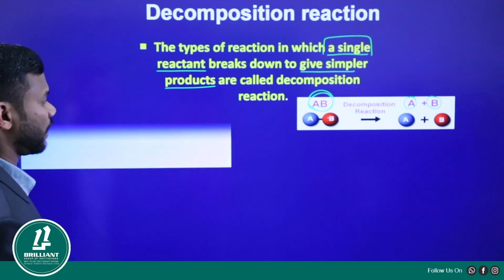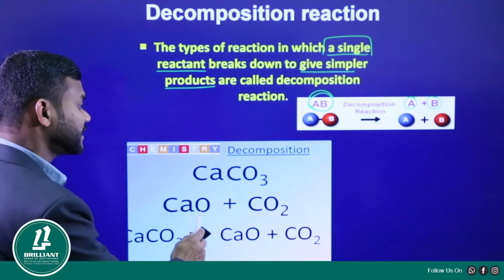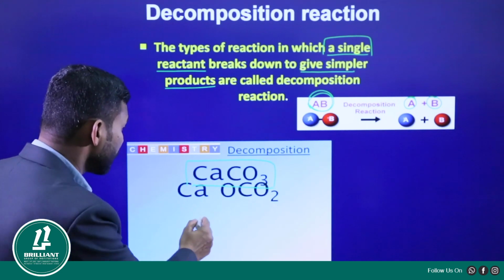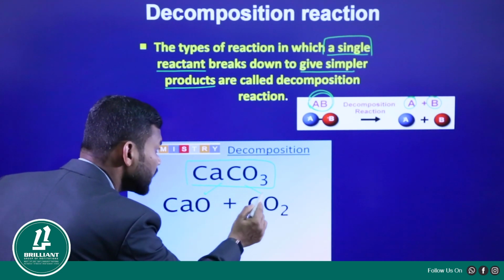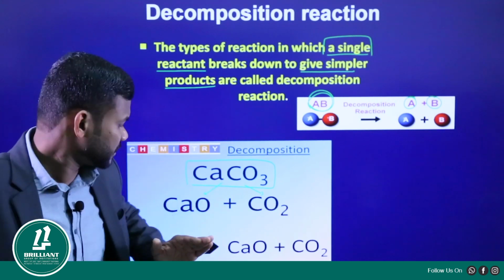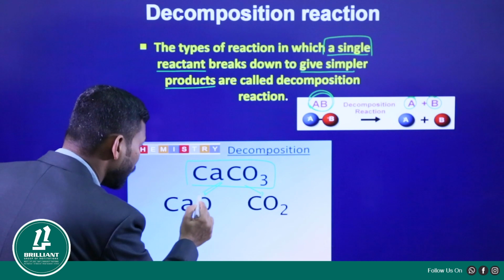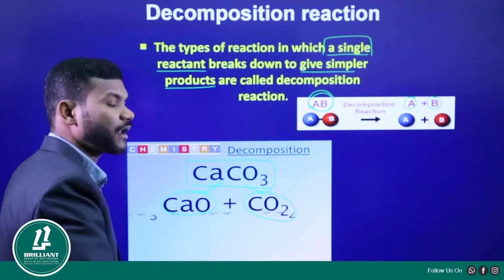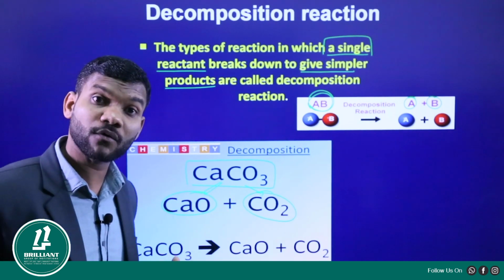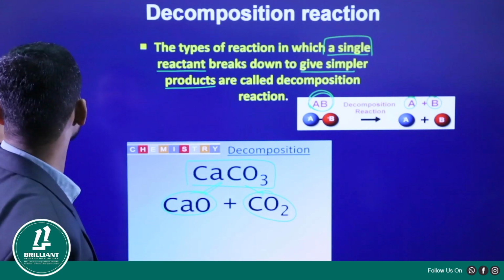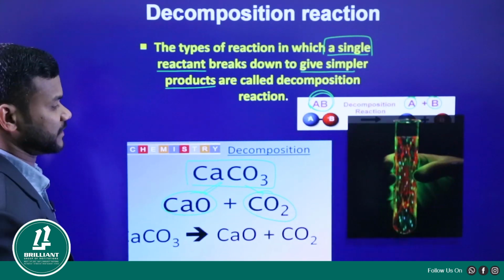Look at more examples. Calcium carbonate is a single reactant, but it breaks down into calcium oxide and carbon dioxide, two products. This is one of the easiest and simplest examples of a decomposition reaction.